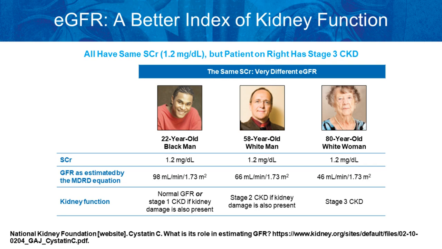To a middle-aged Caucasian male, a creatinine of 1.2 corresponds to an eGFR of 66, which is technically stage 2 chronic kidney disease. And in an 80-year-old woman, a serum creatinine of 1.2 corresponds to an eGFR of 46, and thus stage 3 chronic kidney disease. And we have to be sensitive to that difference in status among these patients so that we can treat them properly in the cath lab.